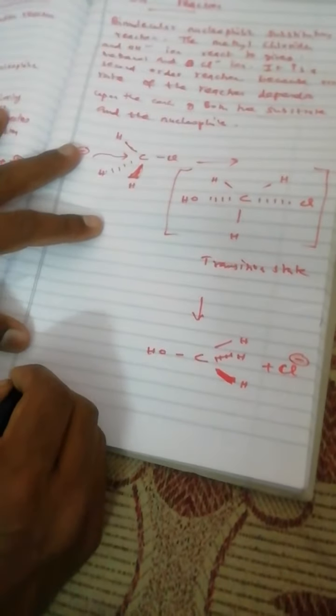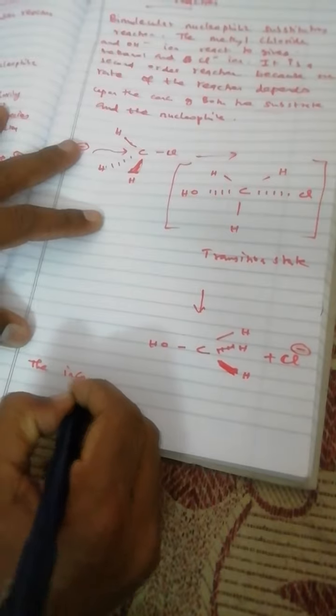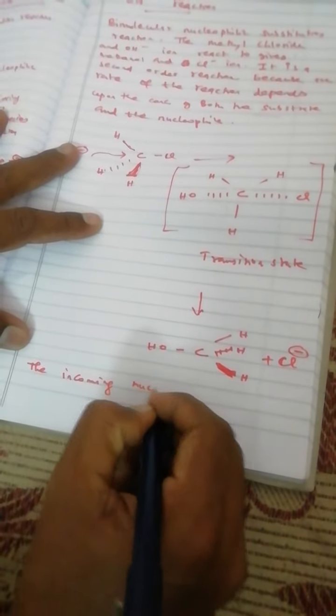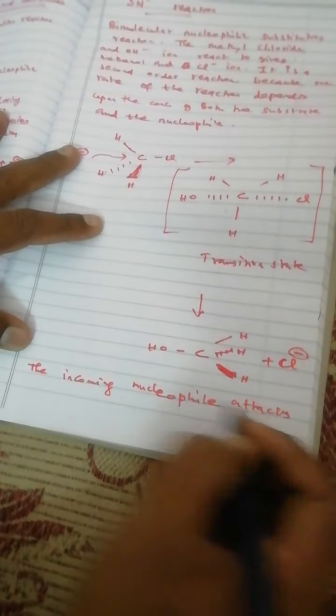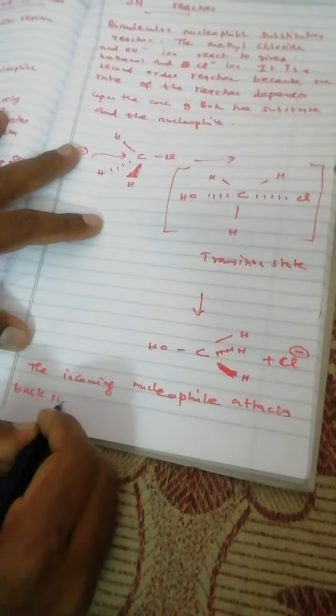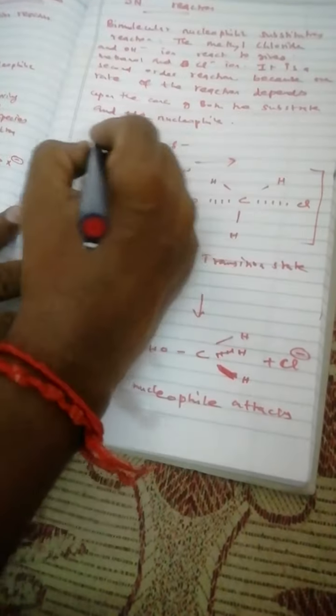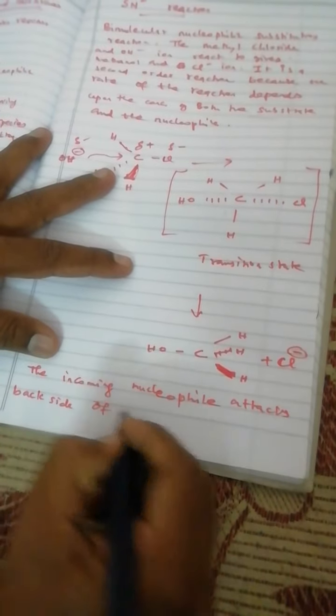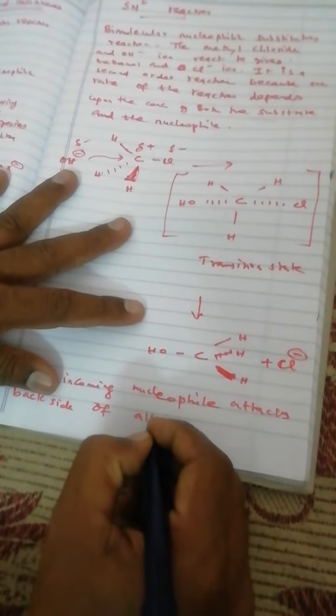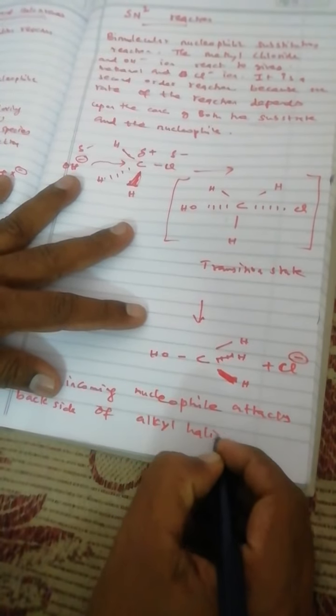The incoming nucleophile attacks the backside of the alkyl halide, delta plus delta minus, to give methanol.